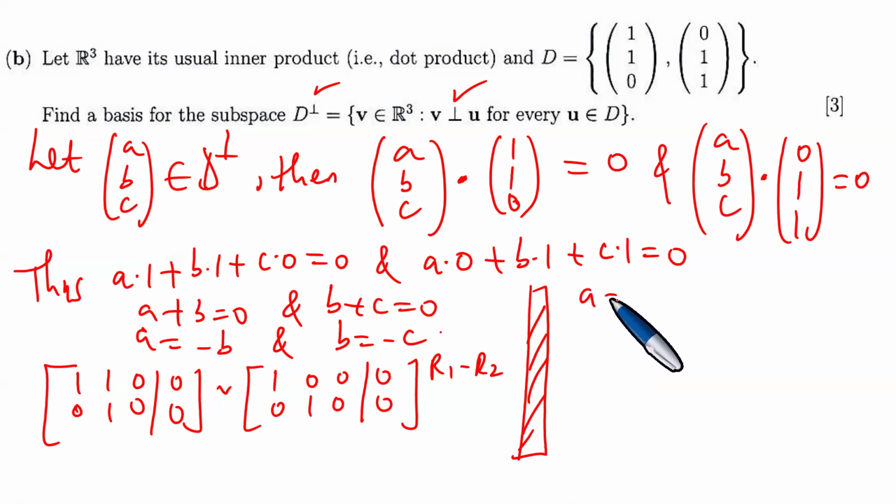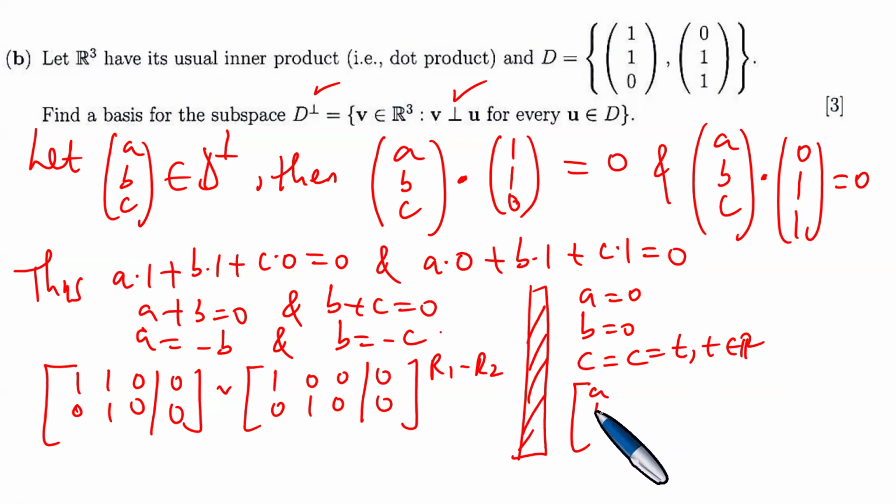Which means that you have A is 0 and B is 0. Because like A, B, and then what about C? You can call it C. Normally my lecturer used to say, for the free variable, you can call it T, where T is a real number.